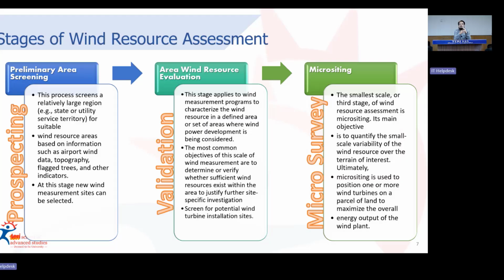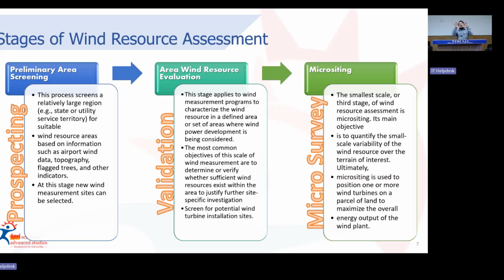Then comes the micrositing or the micro survey, because the smallest scale of wind resource assessment is micrositing, which has the main objective to quantify the small scale variability of the wind resource over the terrain of interest. In micrositing, basically what we do is position one or more wind turbines on a parcel of land to maximize the overall energy output of the wind plant.